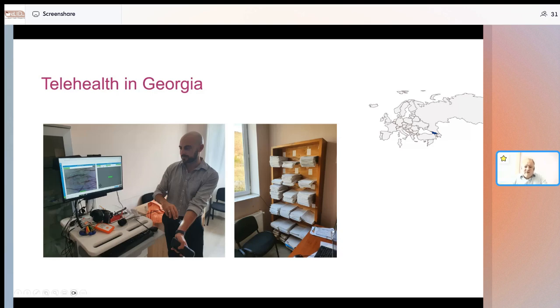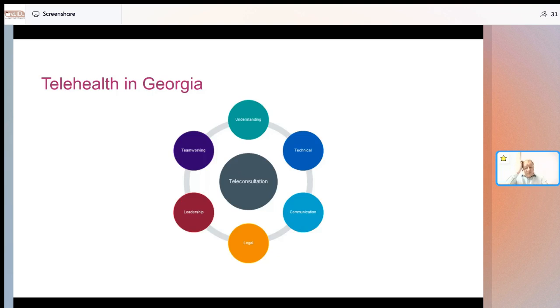And you can see on the second photo here, this is the reality again. There was no digital technology for medical records and things. It was all still paper records. So a lot of the work we were doing actually turned into a much more consultation piece about looking at some of the challenges and how we would address those. And what we actually built wasn't a piece of e-learning in the end. What we built was a competency framework. We worked with the team in Georgia to identify their needs, their priorities.